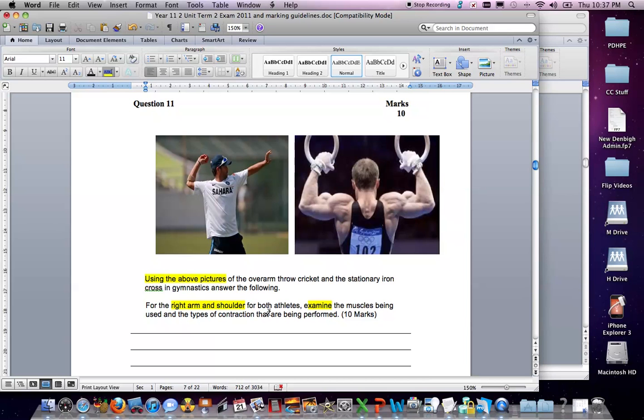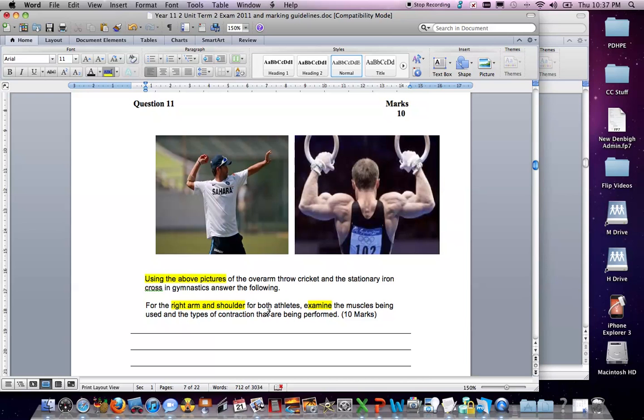The type of contraction for those muscles is an isotonic contraction, and isotonic contractions can be classified as either eccentric or concentric. Eccentric is when the muscle lengthens through the contraction. Concentric, the muscle shortens during the contraction.